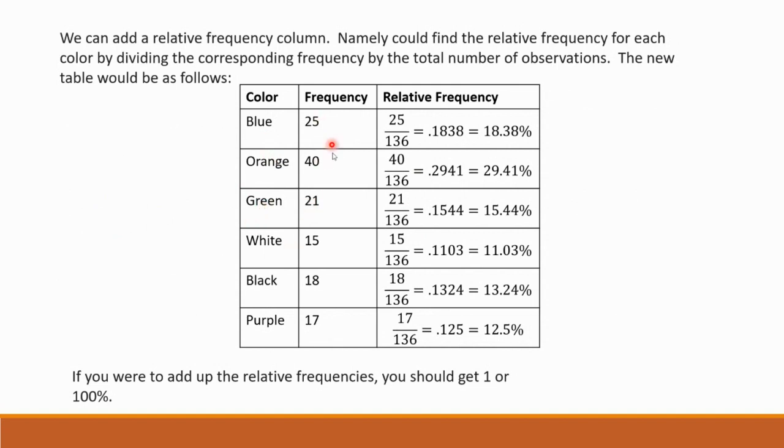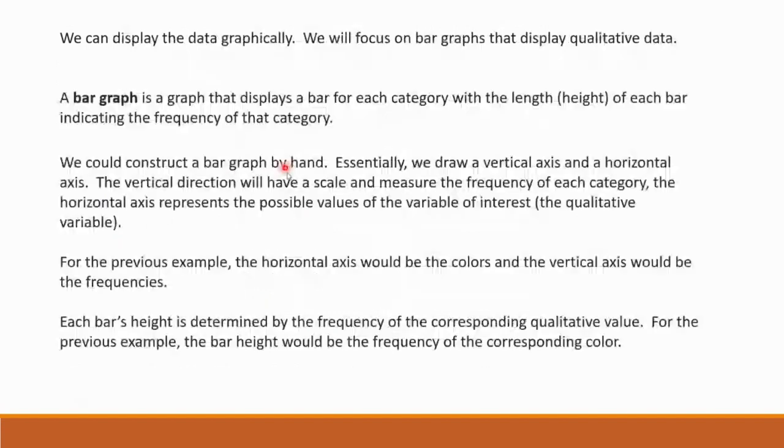On the vertical axis, you would have your frequencies. And basically what would happen is you would draw a bar, that's the name bar graph, above each of these values. And the bar would have height equal to the frequency. So the bar's height would be the frequency.